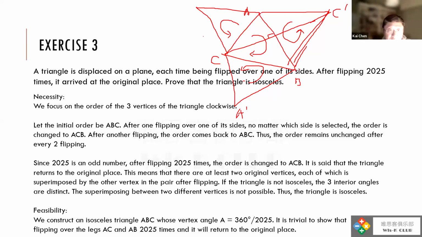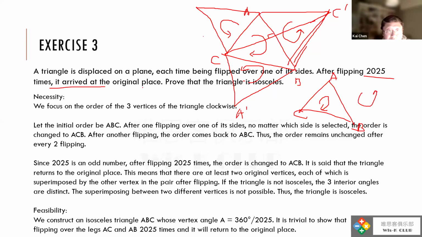So every time you change the order of these letters. And then, of course, 25 times, meaning that you start with ABC like clockwise, and after 25 times of flipping, you will always have anti-clockwise.